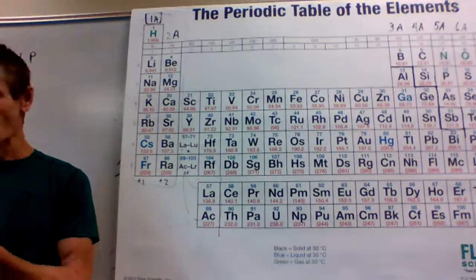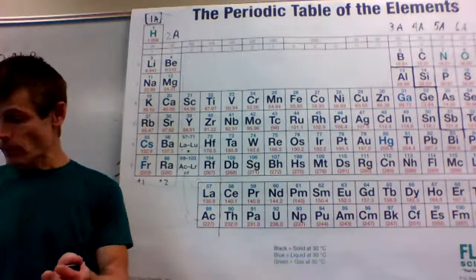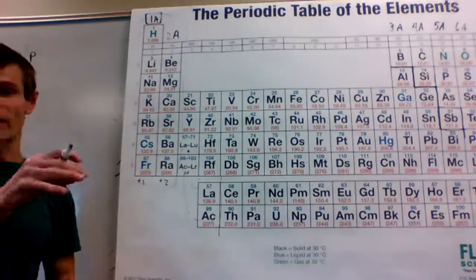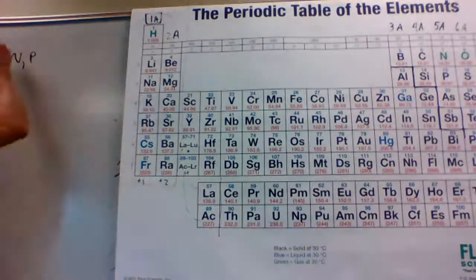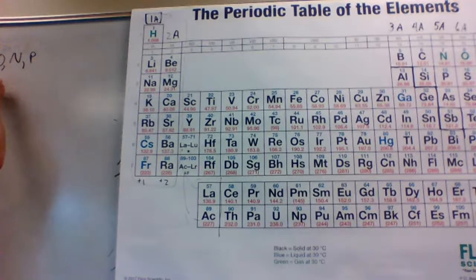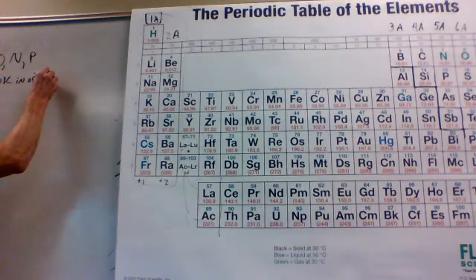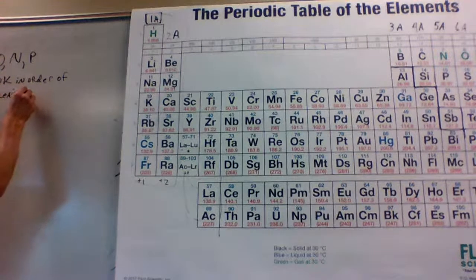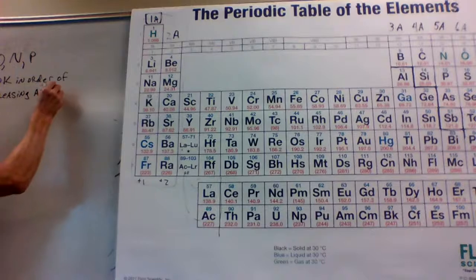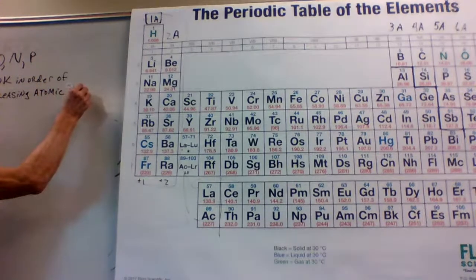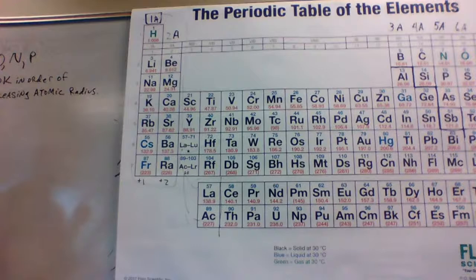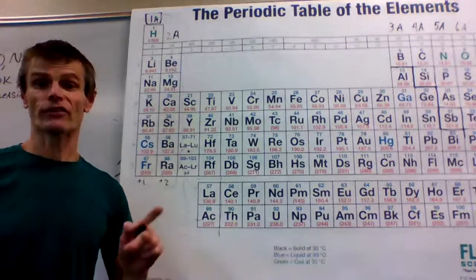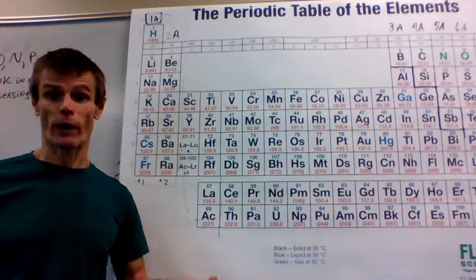What we want to do is rank them in order of increasing atomic radius. So it's important to read these questions. In other words, we're going to list the element that has the smallest radius first, the next highest second, and then the largest one last.